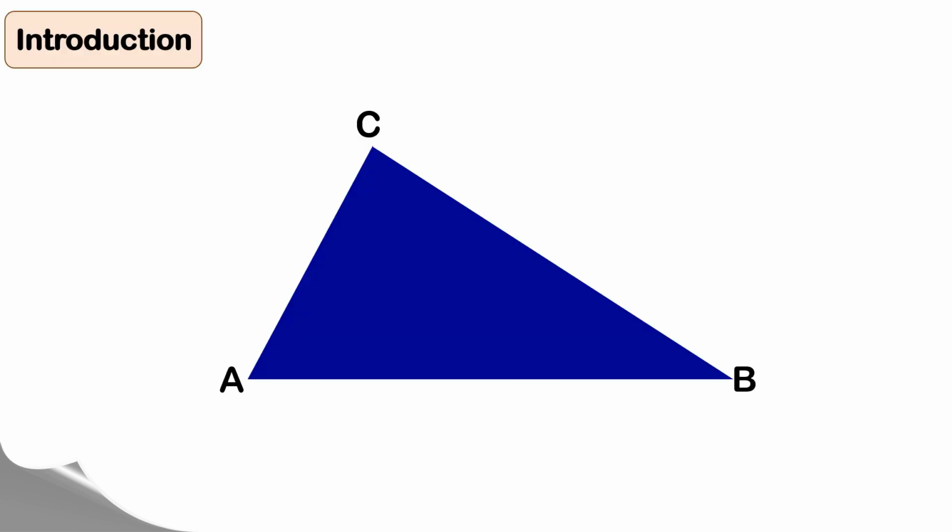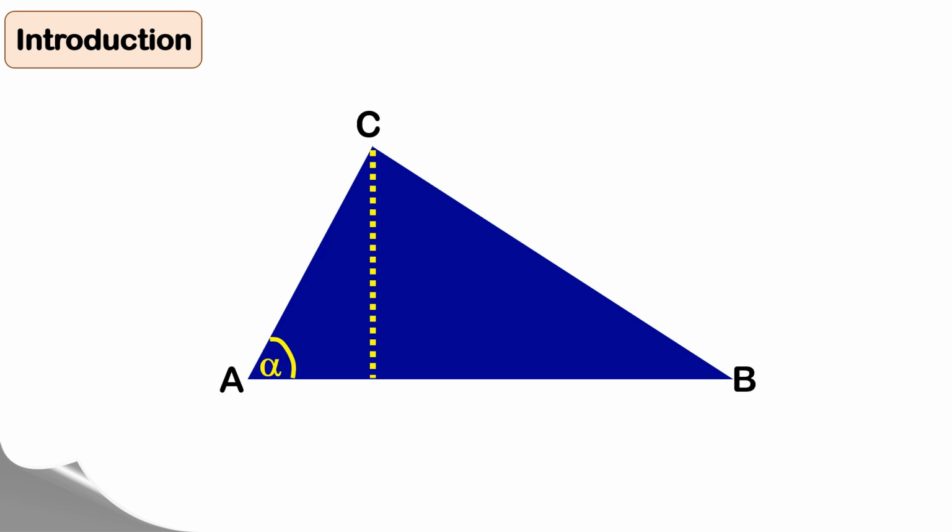Look at the following triangle ABC and focus on angle A, which is given the symbol alpha. We draw a height line from point C perpendicular to line AB to make a right triangle.